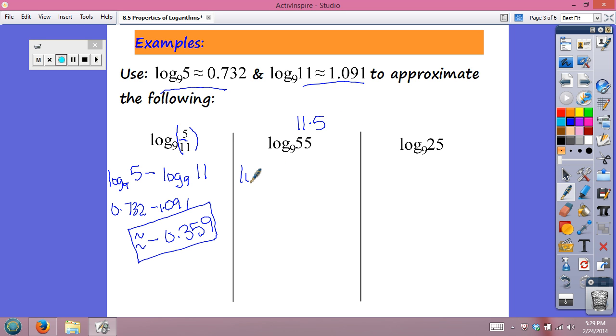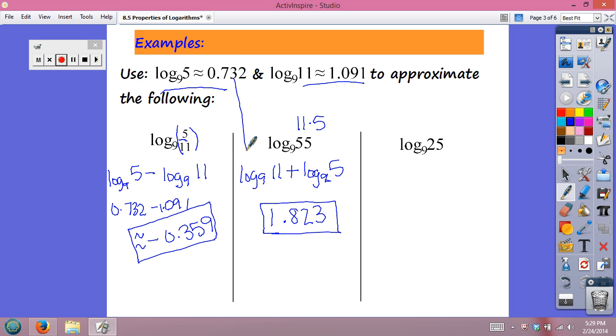So we have log base 9 of 11 plus log base 9 of 5. Plug those values in. You're going to get something around 1.823. And I hope it's okay that I didn't write those down. I hope you know that you can just plug those values right in.